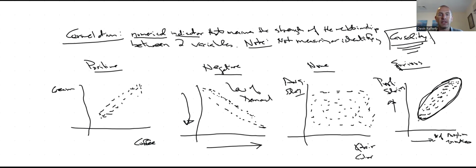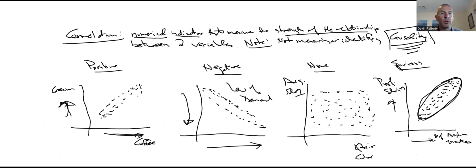Just because there is a relationship between two things, we don't know what direction that causality is, right? In other words, is it people drinking more coffee that leads to more cream? Or is it more cream that leads to more coffee? Well, obviously, it's the first one.